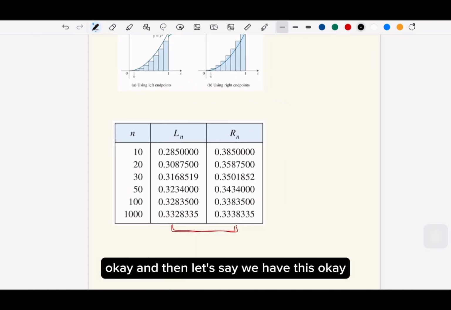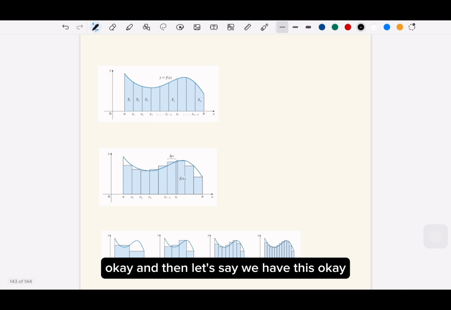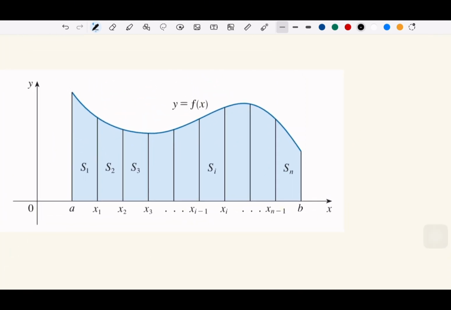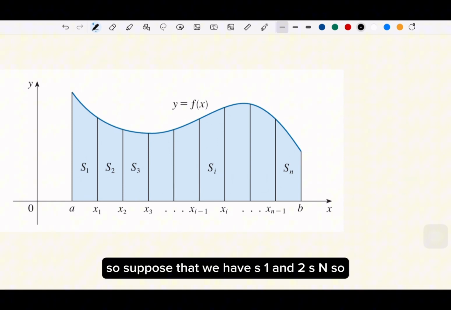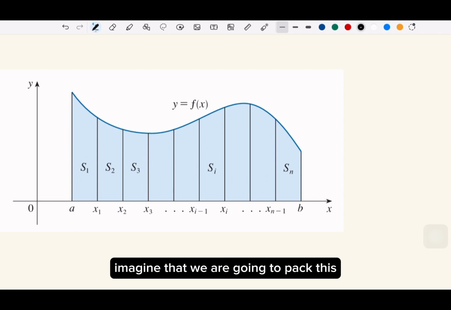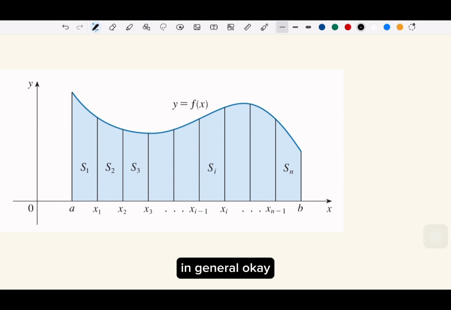Okay, and then let's say in general we have S1 until Sn. Imagine that we cut this with a really high n, or n getting higher and higher, getting infinite in general.